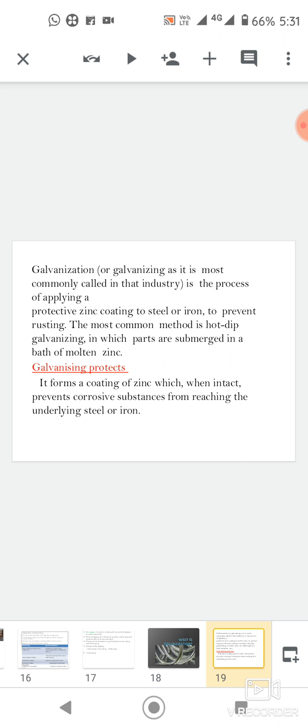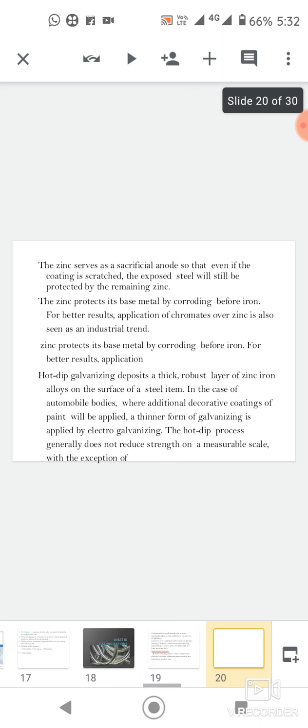Galvanizing is a popular method of protecting steel sheets and formed products from atmospheric corrosion. The parts with galvanized coating of 0.01 mm will give a life of over 15 years. Galvanizing protects by forming a coating of zinc which, when intact, prevents corrosive substances from reaching the underlying steel or iron.